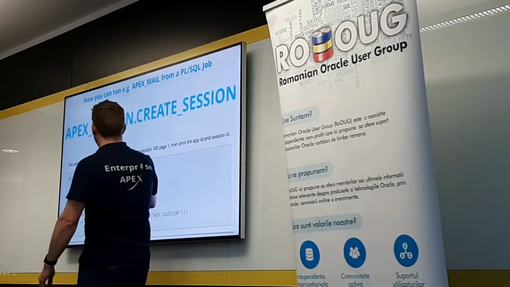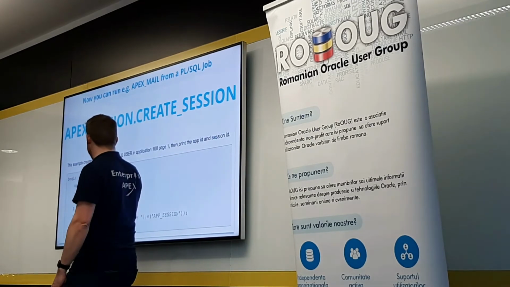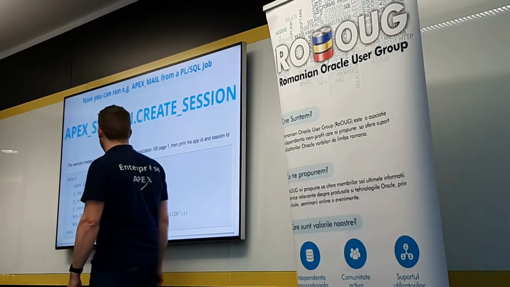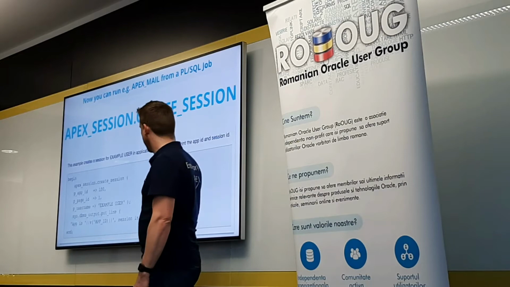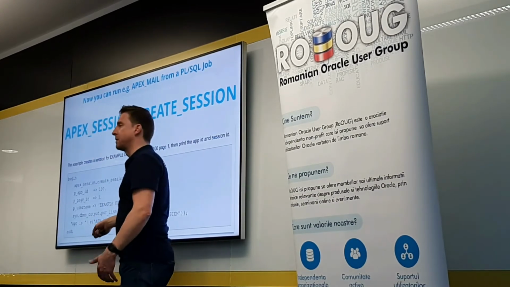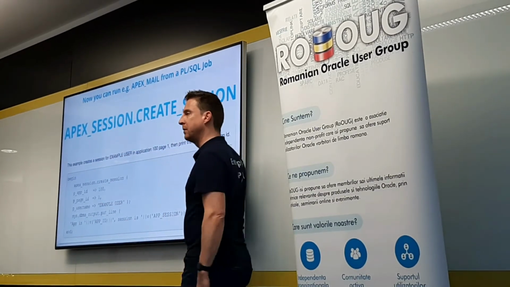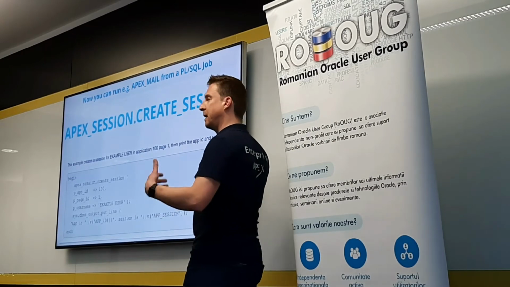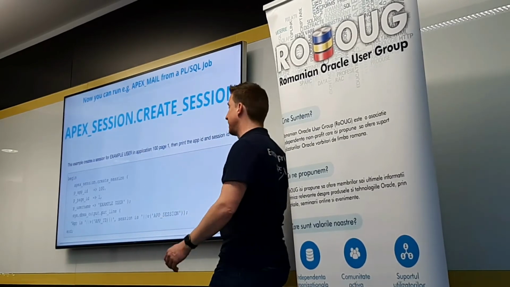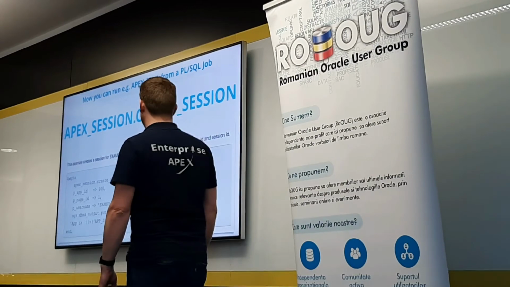So, for example, create me a session for this app, this page, that's my user. And immediately you have access to some general Apex substitution things, or you could use the Apex Mail API, which is quite nice in a job.